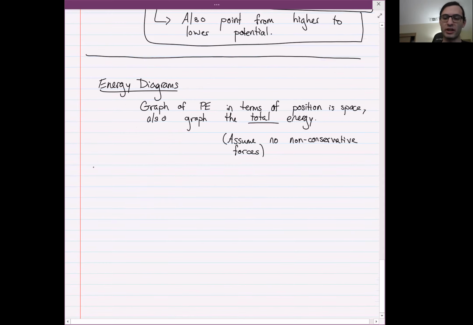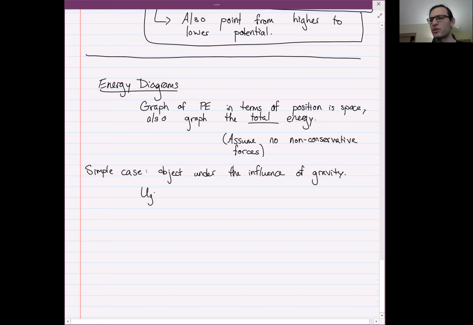So let's look at a simple case. Let's look at gravity. So we're just going to consider an object under the influence of gravity. So in this case, the potential energy function, we're going to use the standard coordinates.